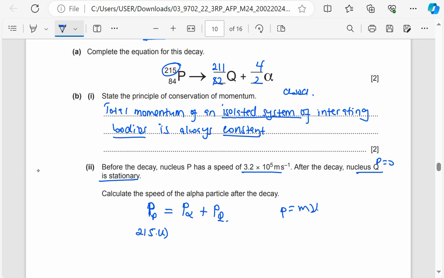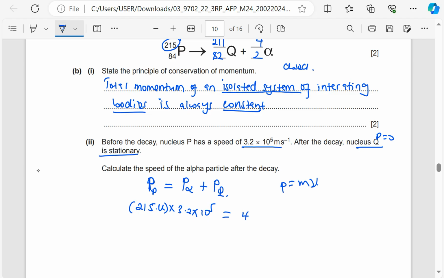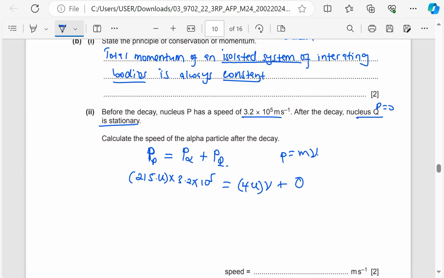Then times the velocity, which is 3.2 times 10 to the power of 5, should be equal to momentum of the alpha particle, where its mass is going to be 4u, times its speed, which we don't know, I'll call it v, plus the momentum of Q, which is 0, because they say Q is stationary. Okay, so that is total momentum after the collision. So we need to find v.